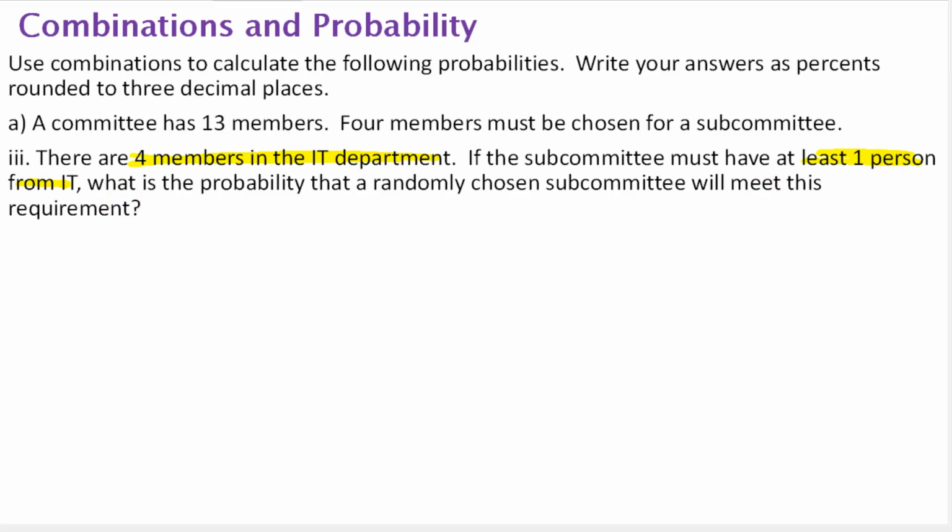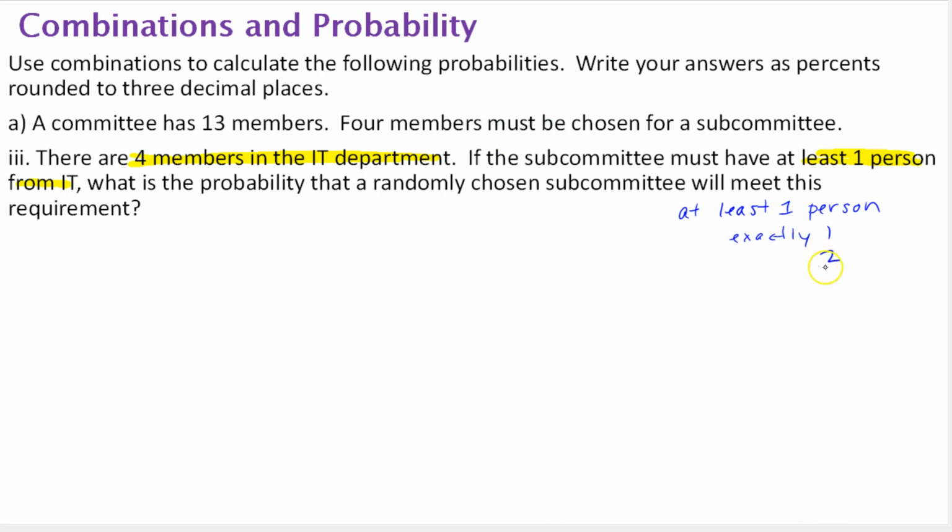Okay, so this one is a little bit trickier than it may look, so we're going to use another trick to kind of get around it. So notice it says at least 1 person. Remember the last one said exactly 1 person? At least 1 person can be complex because we'd have to count exactly 1 person from IT, exactly 2 people from IT.